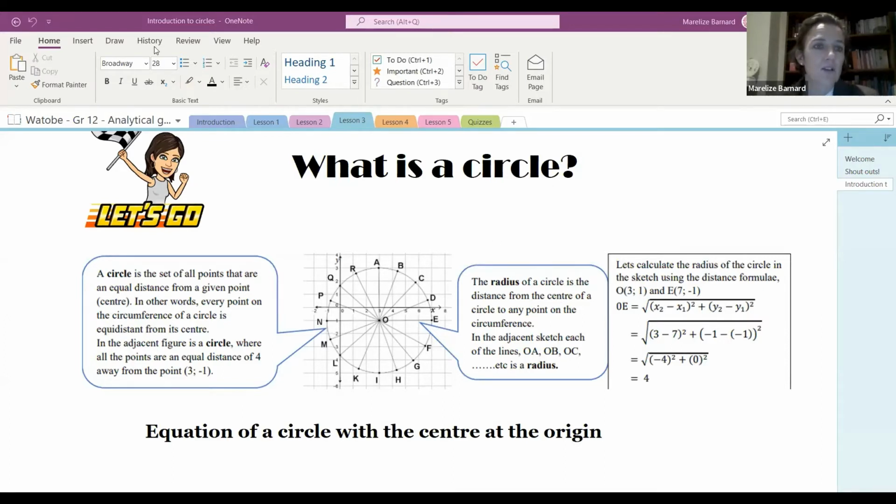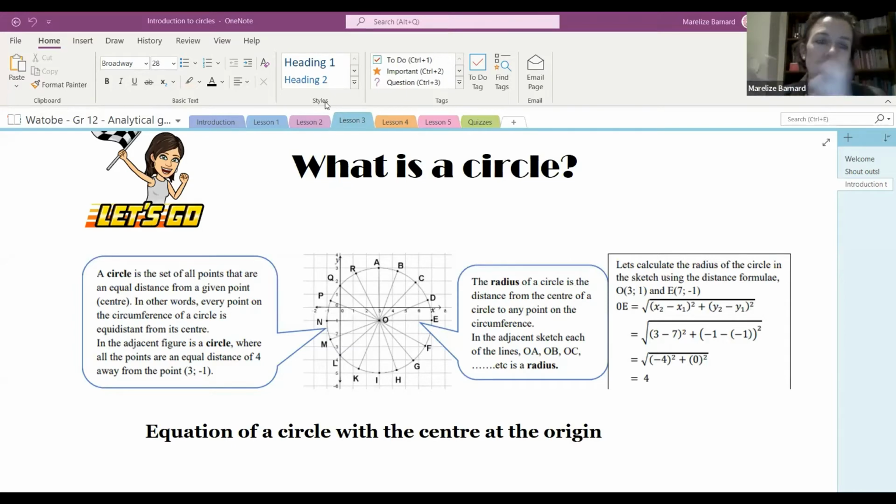Okay, so let's start off and just think about what is a circle. When most of us think of a circle, the word radius comes to mind, maybe the word diameter, circumference, all of those things. And if you've done circle geometry, maybe you can already remember all of your theorems.